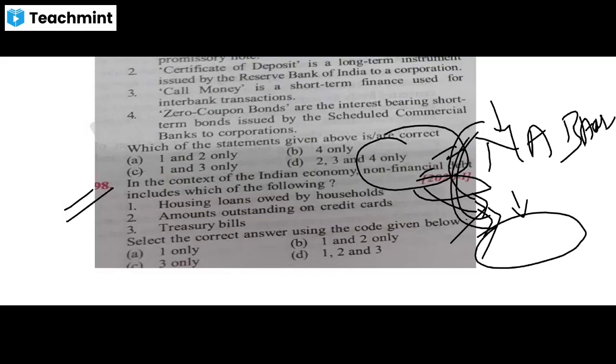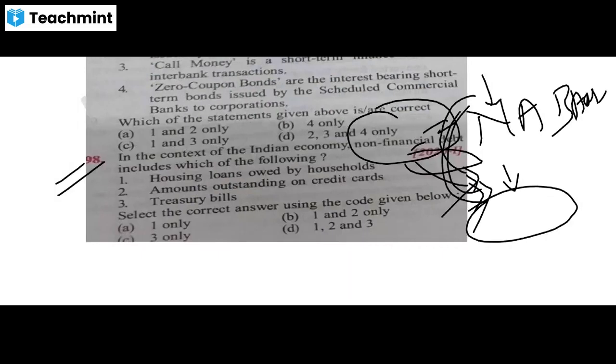So as you can see, all the three statements are regarding non-financial debts. Here the money or debt they are taking, they are not re-lending again. You take housing loans not to re-lend that loan.